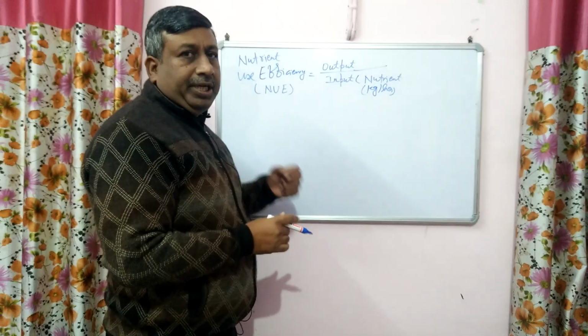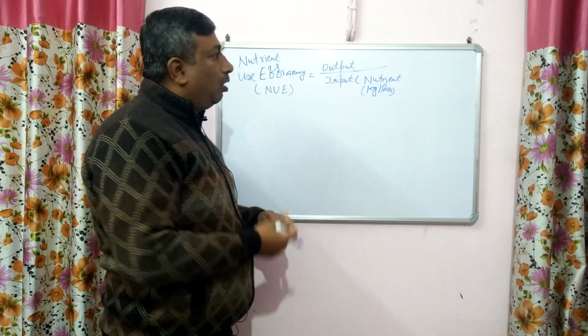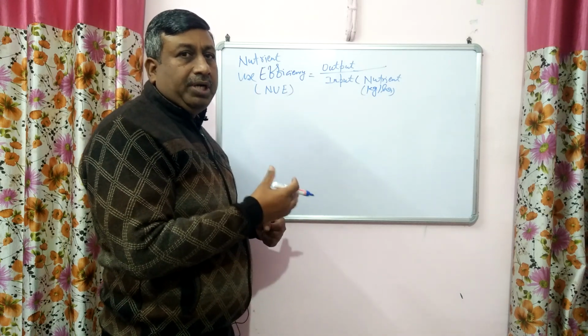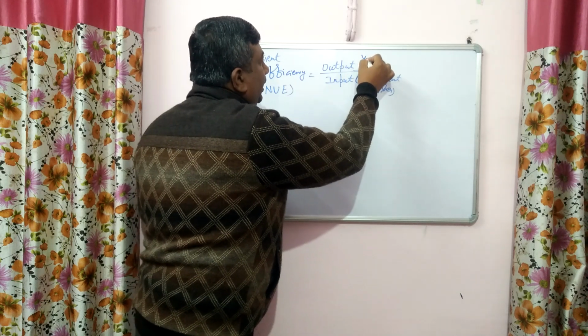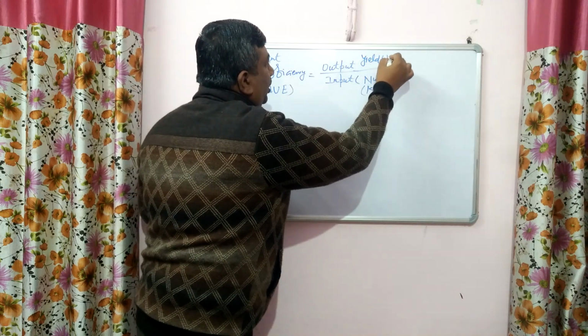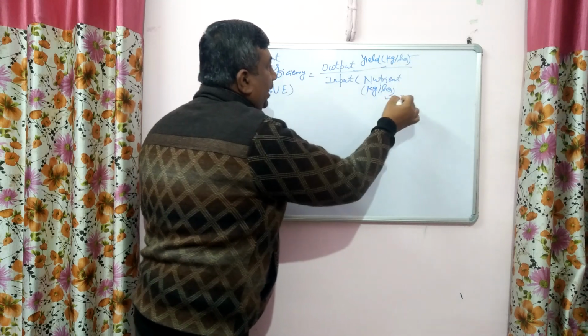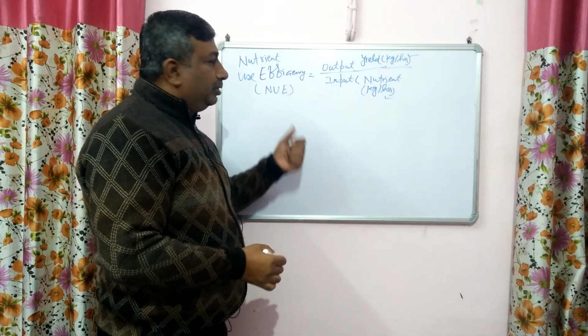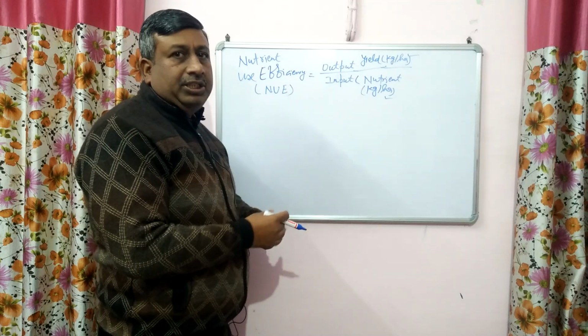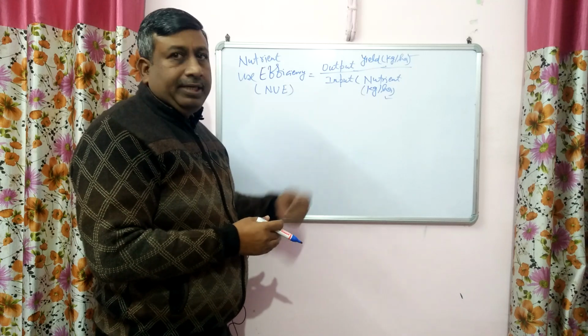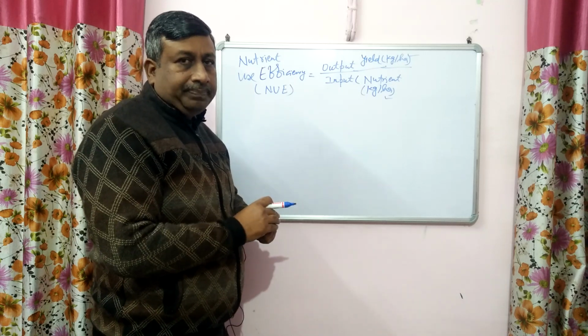And with the application of nutrient, how much yield is obtained? The output is yield, and this yield is economic yield, also in kg per hectare. The unit is the same, per hectare. So nutrient use efficiency is actually the yield obtained per unit of nutrient applied. This is the general formula.